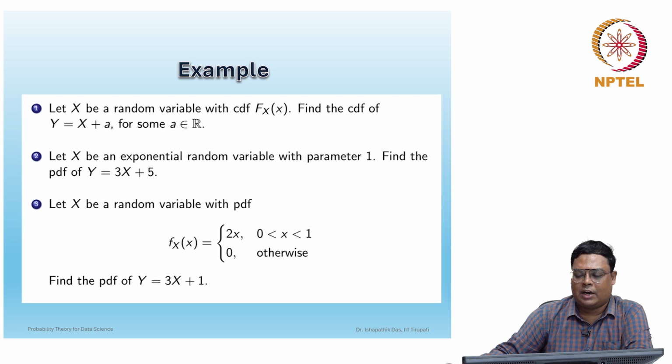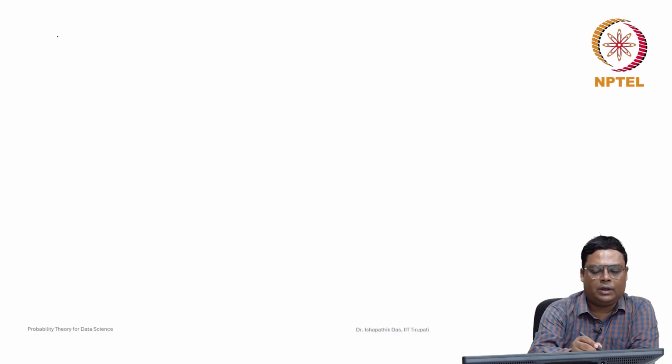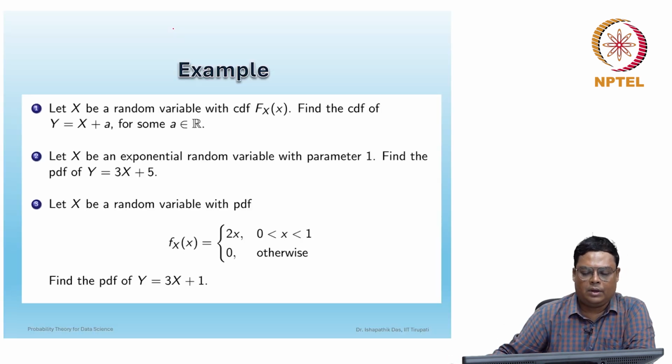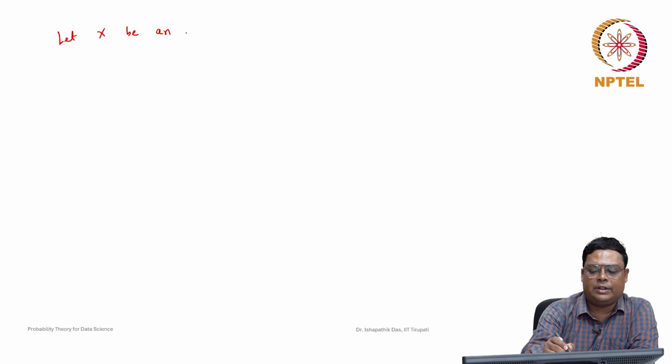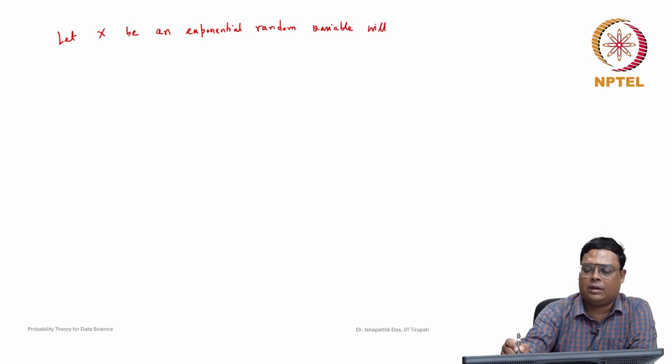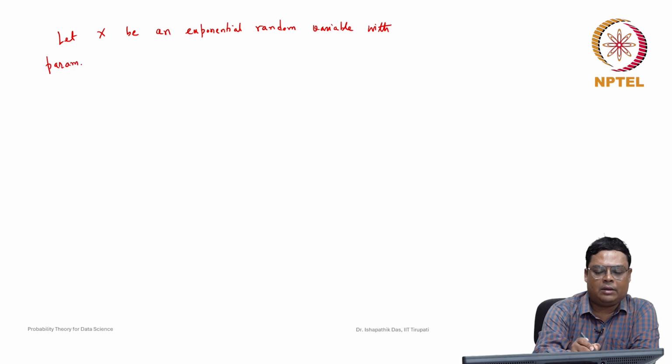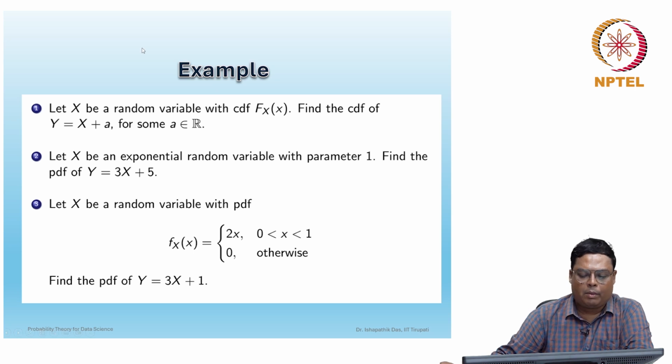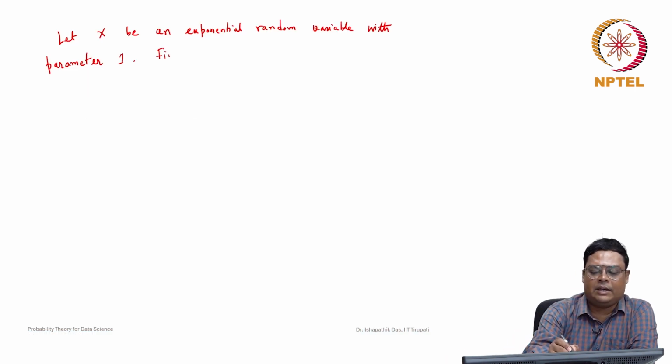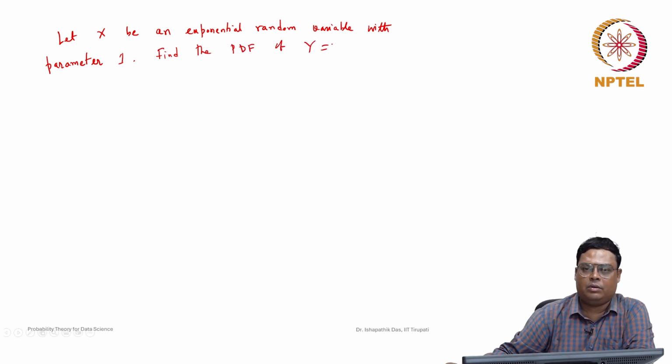Let X be an exponential random variable with parameter 1. Find the probability density function of Y equal to 3X plus 5.